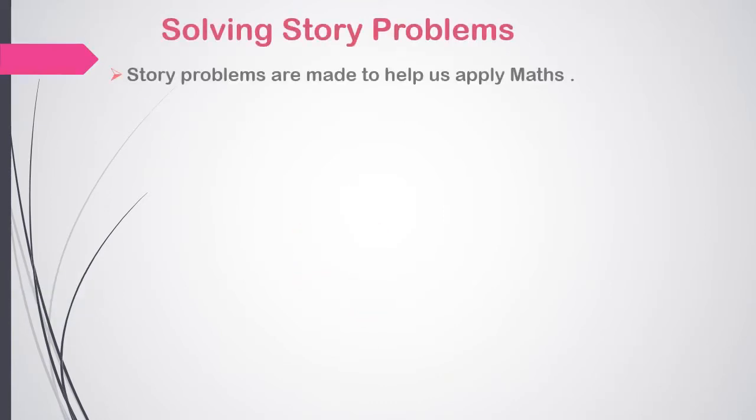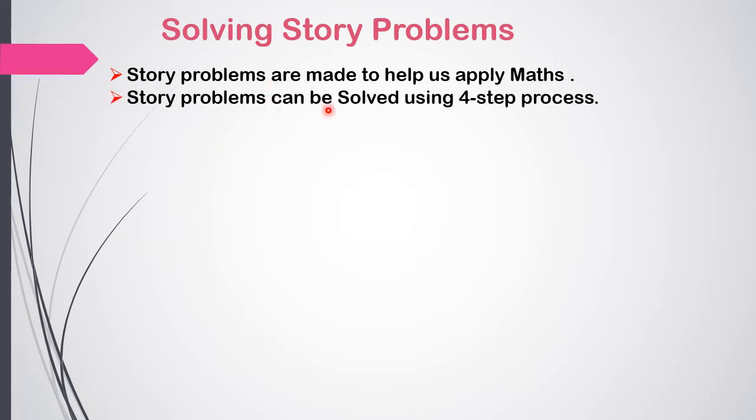Story problems are made to help us apply maths. So whenever we solve a story problem, we have to apply maths. Story problems can be solved using a 4-step process. So today we are going to learn that 4-step process.